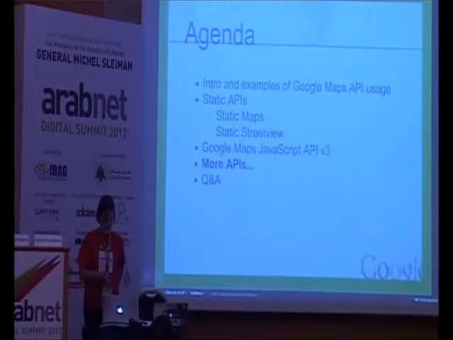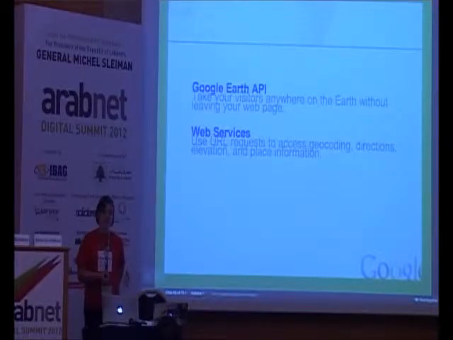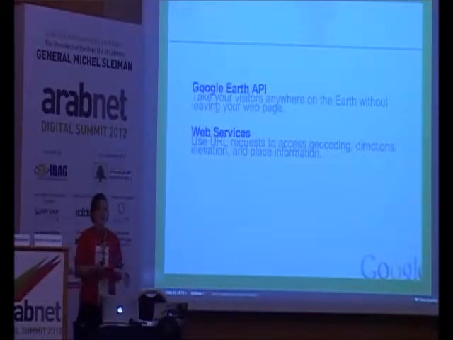And let's talk about other tools which are available for you within the Google Maps API family. You can use the Google Earth API. So if you want to embed the Google Earth globe onto your website and use all the controls which are available on Google Earth, you would use that one.